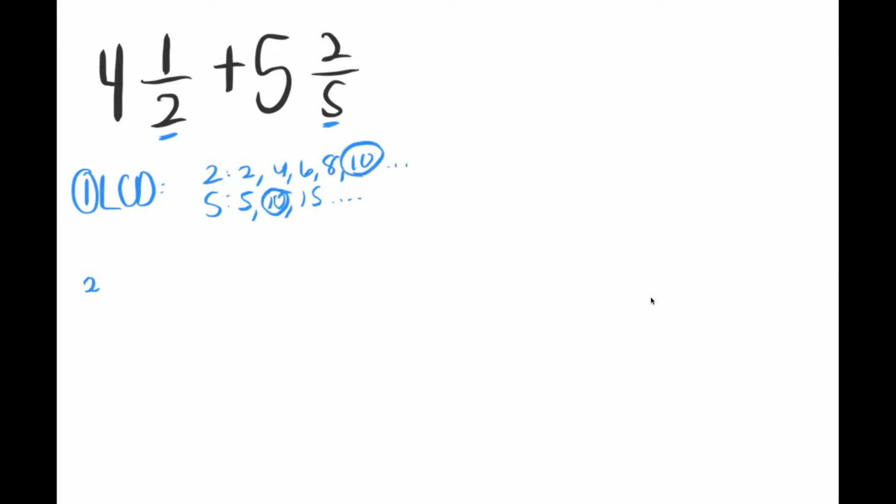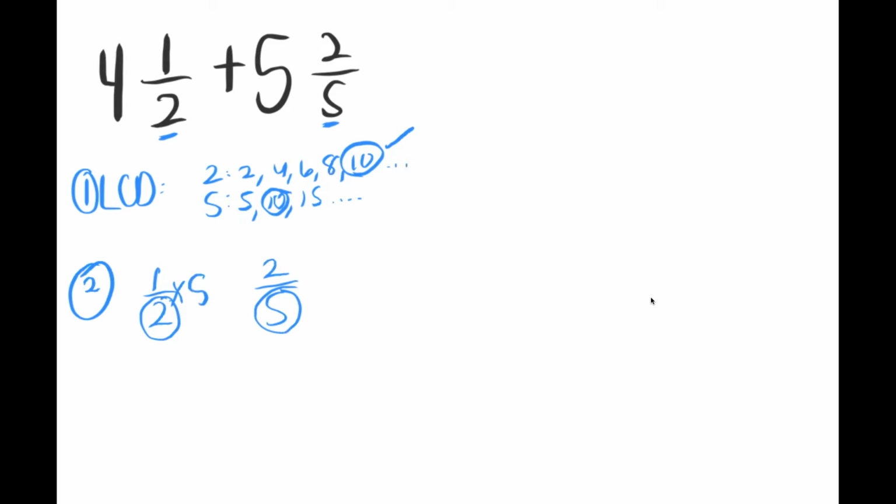For step 2, we would get our fractions, 1/2 and 2/5. And we want our denominators to now equal 10, which is our LCD. So in this fraction, we would have to multiply both the top and the bottom by 5.